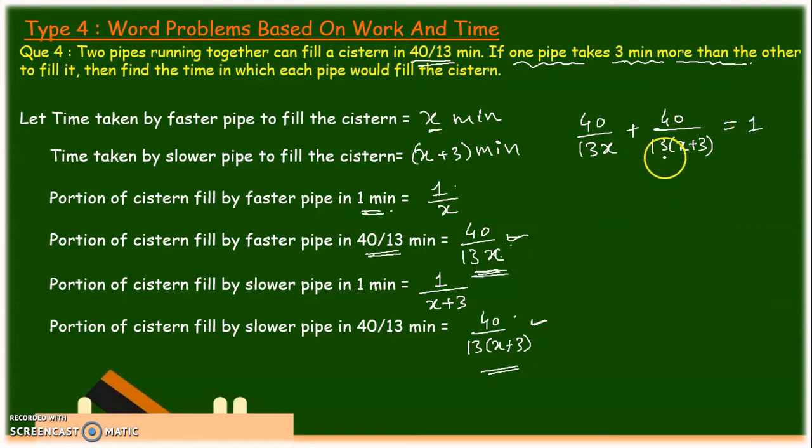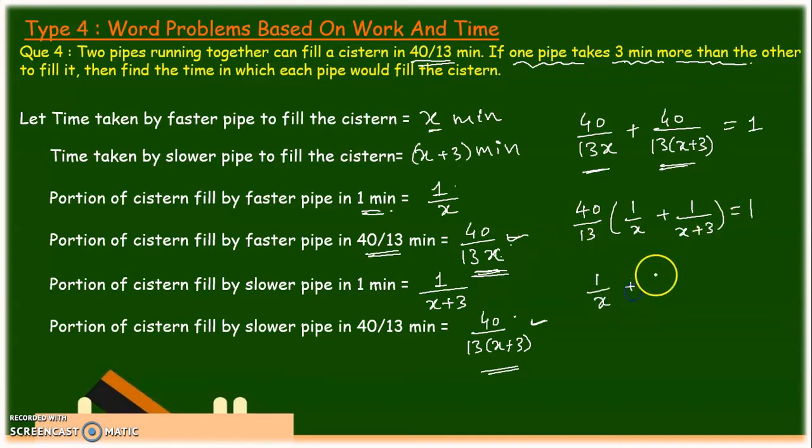So if you simplify this, we will get the quadratic equation. Here from both terms, 40 divided by 13 will be taken common. It will be 1 upon x plus 1 upon x plus 3, that is equal to 1. If you take this 40 divided by 13 to this side, this becomes 1 upon x plus 1 upon x plus 3 equal to 13 divided by 40.